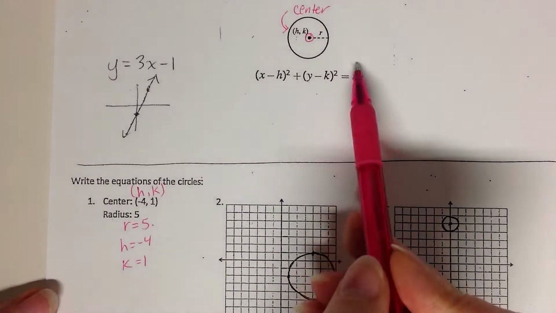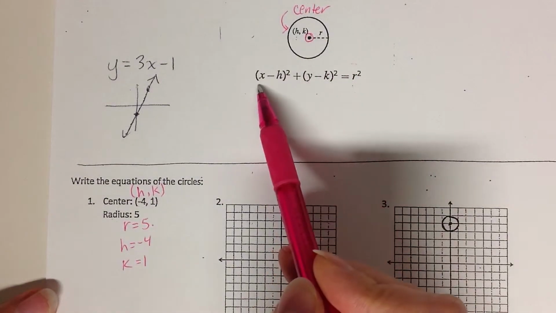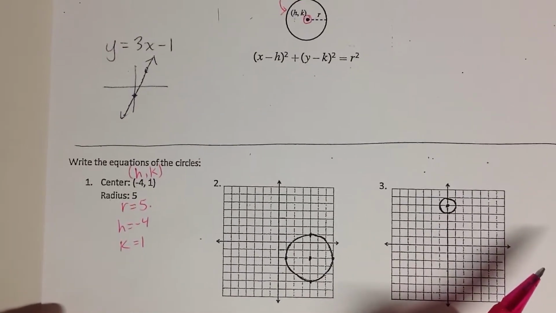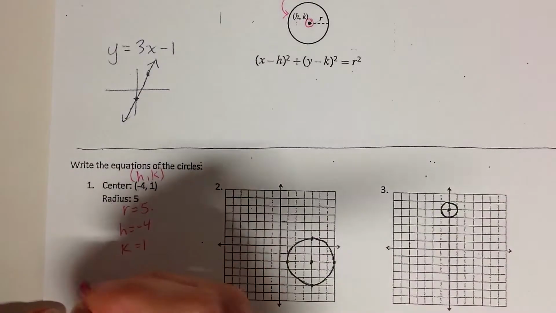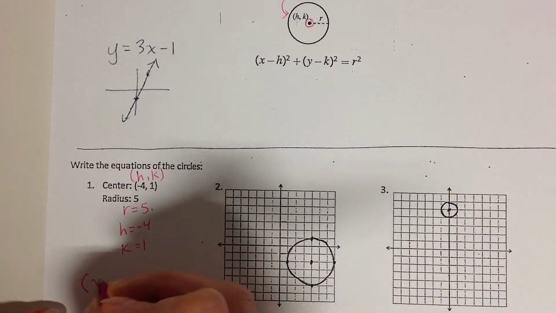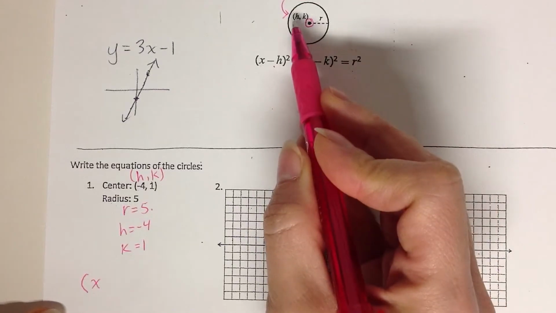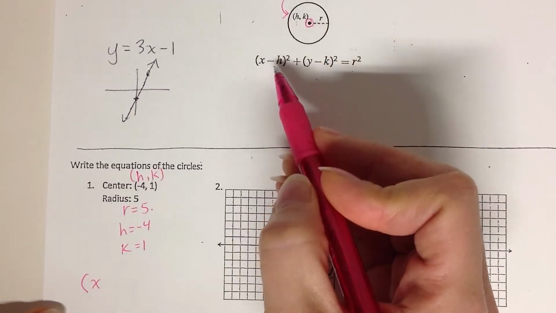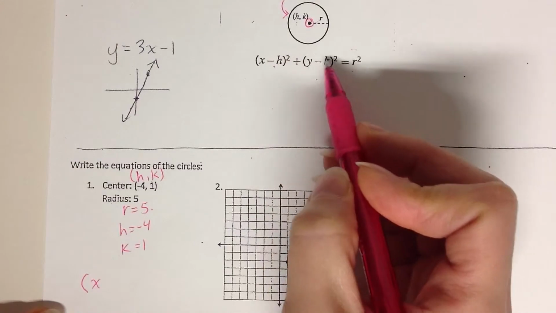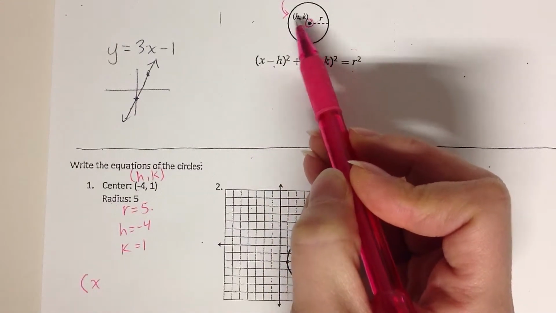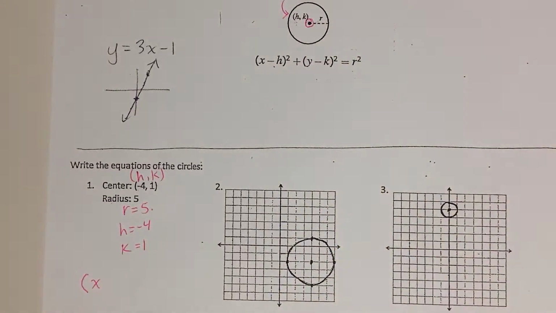An equation of a circle is going to look like this. Remember, the x and the y are going to be in my answer. So what does this look like? I want to see the picture too. Okay. X. Now, notice, there's a minus here and a minus here. There's no negatives up here. So what that means is that whatever number goes here for h and k, they will always be the opposite of those, the actual coordinate.